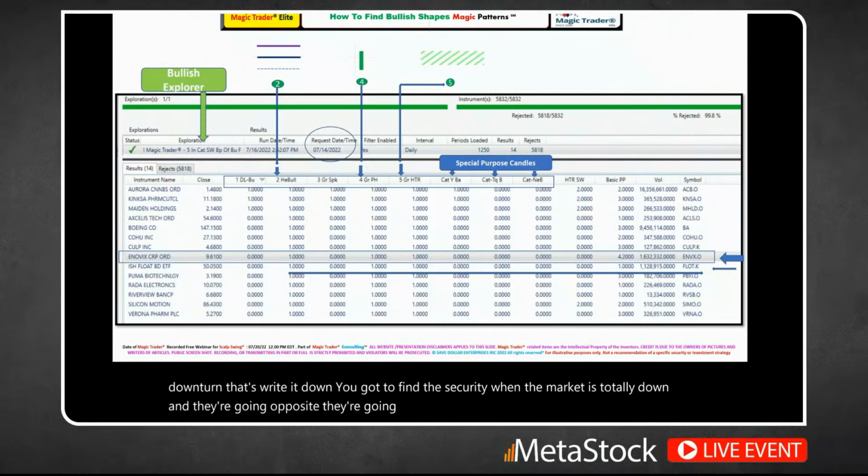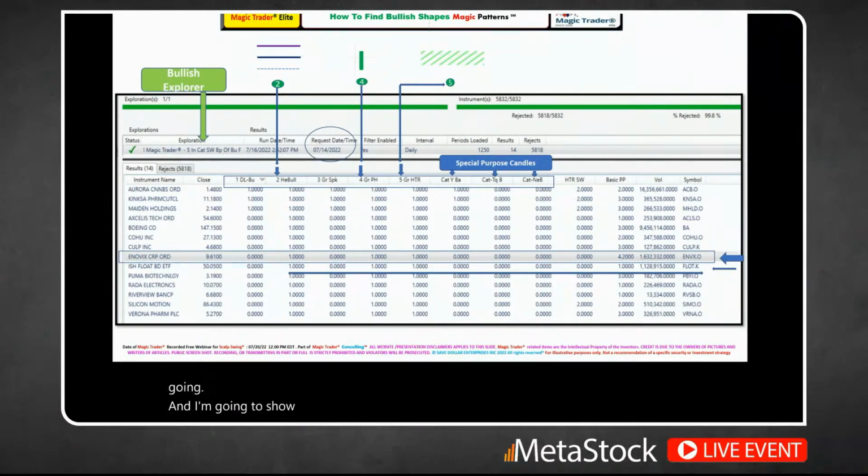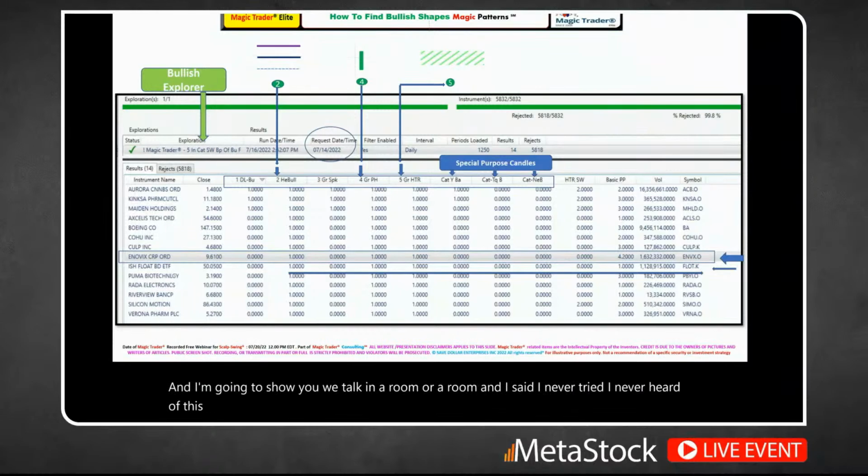Those are the securities that are going to keep on going. And I'm going to show you. We talked in the alert room, and I said, I never heard of this company. Let's look it up because the scanner shows that, and we wound up having them. And I'm watching it too. So we're going to talk about it as a third one today.